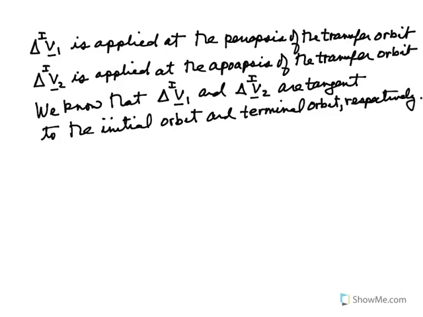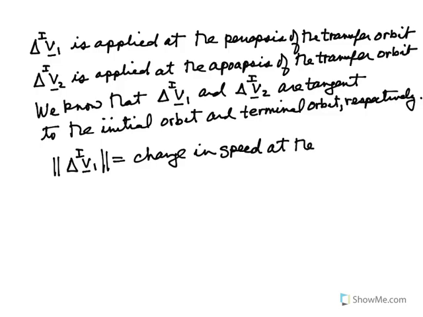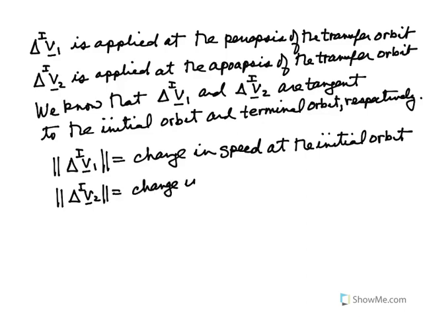So as a result, we can make the following assertion, which is really nice: the magnitude of delta V1 is equal to the change in speed at the initial orbit, and the magnitude of delta V2 is equal to the change in speed at the final orbit, or the terminal orbit.